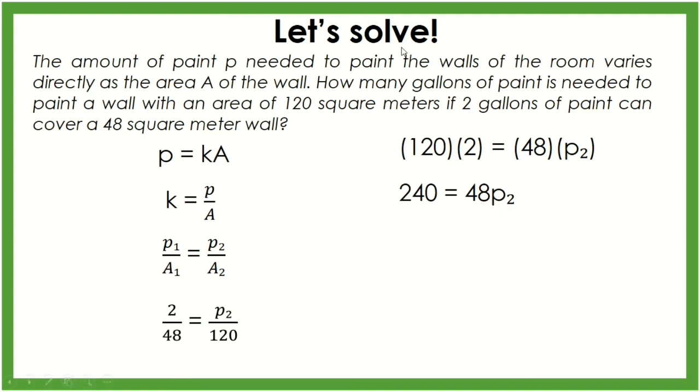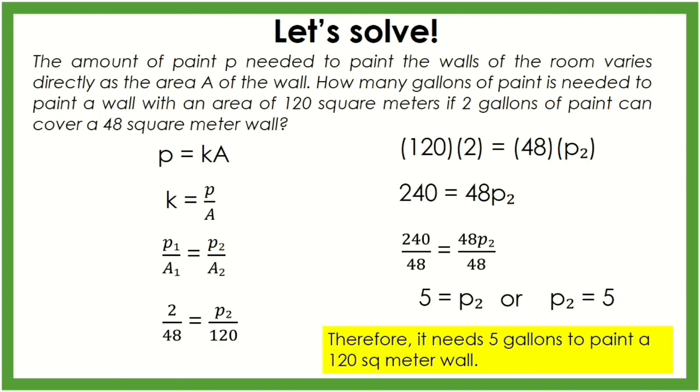Divide both sides by 48. So, 240 divided by 48 is 5. 48 P sub 2 over 48 is P sub 2. Or we have P sub 2 is equal to 5. Therefore, it needs 5 gallons to paint a 120 square meter wall. Parehas lang din yung nakuha nating answer.